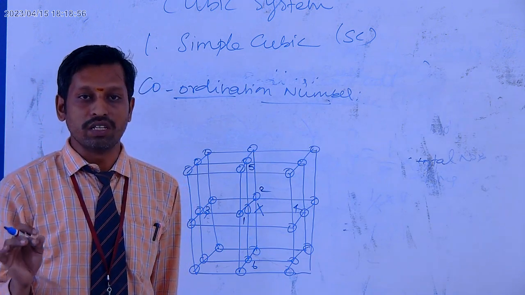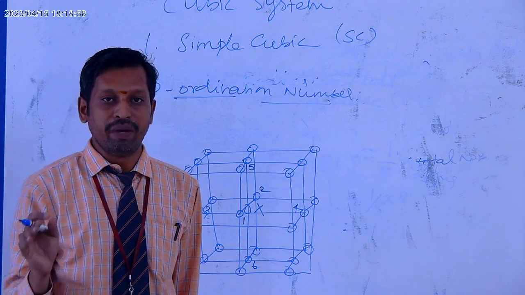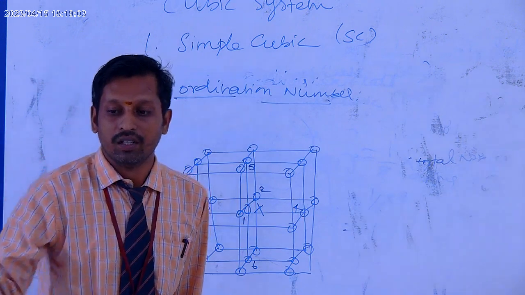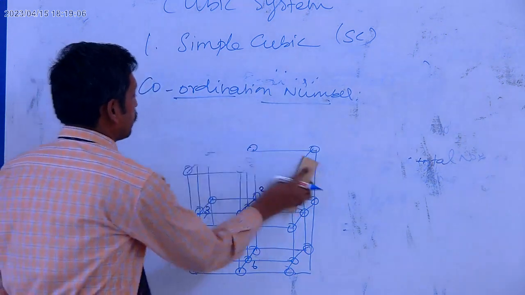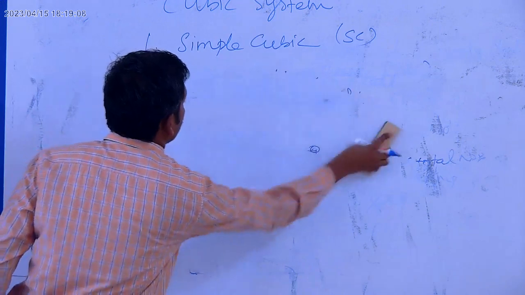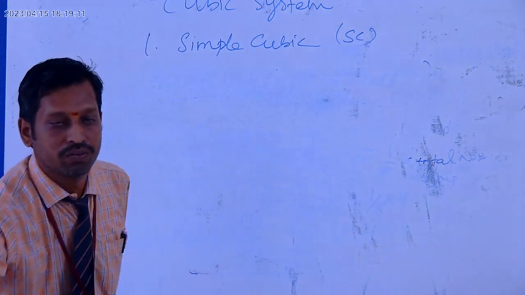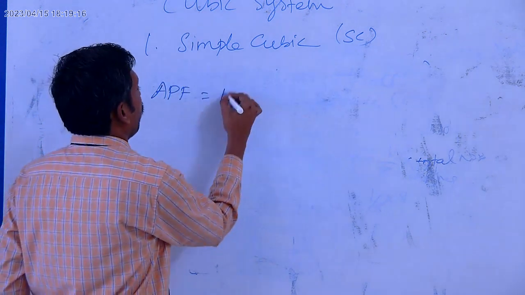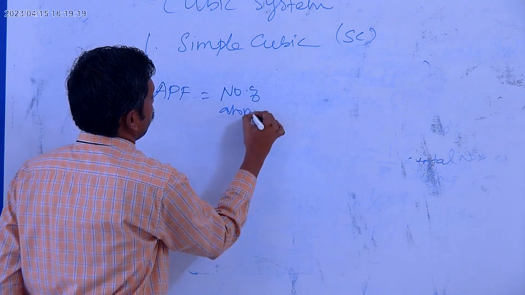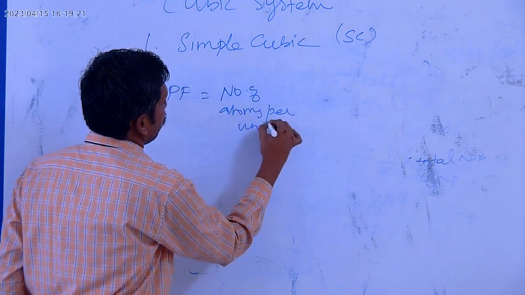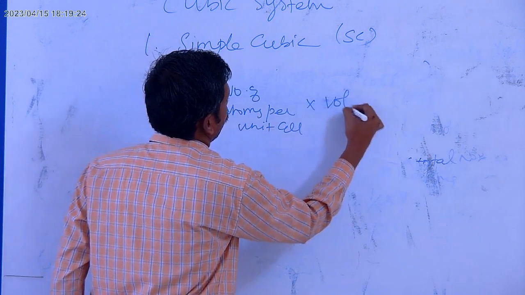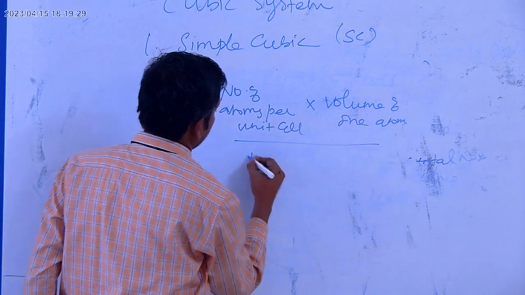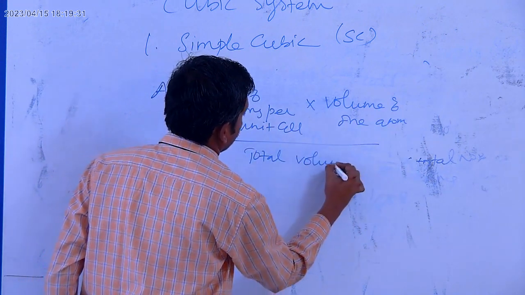Next, we are going to see atomic packing factor. Atomic packing factor is defined as how the atoms are packed in the structure. The formula for atomic packing factor, APF, is equal to the number of atoms per unit cell into the volume of one atom, divided by the total volume of the unit cell.